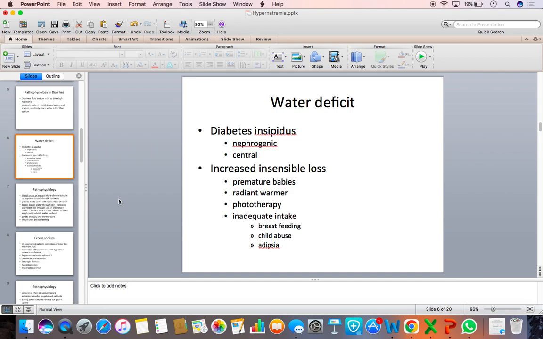That means there is loss of water through skin, especially in premature babies, babies on radiant warmer, babies on phototherapy, babies with inadequate breastfeeding, or those on abuse.